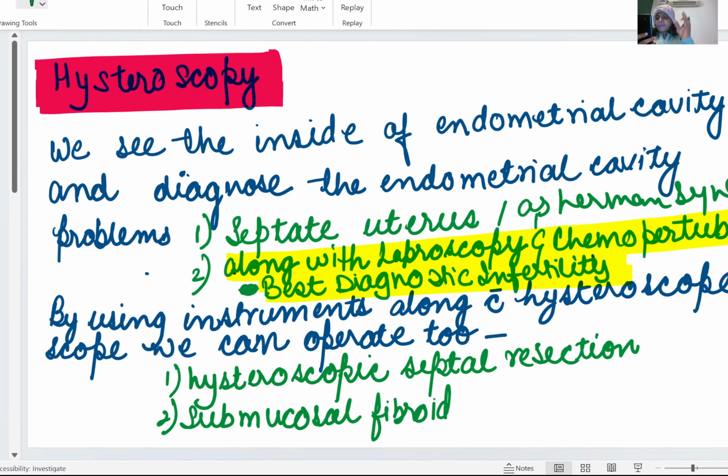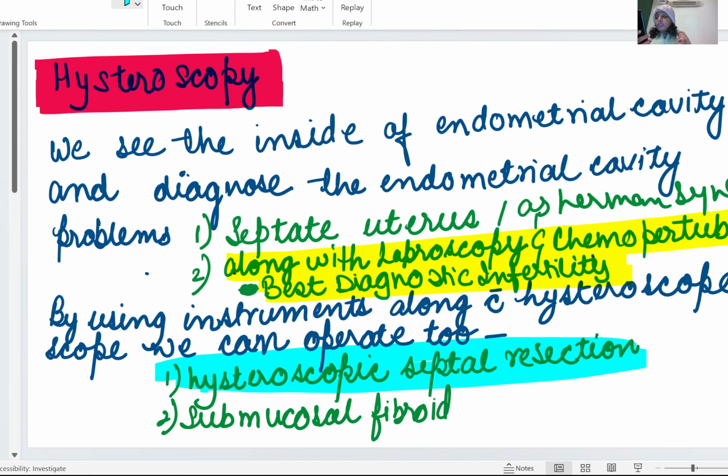When we operate, all these are PYQs. Hysteroscopic septal resection is the best treatment for septate uterus.